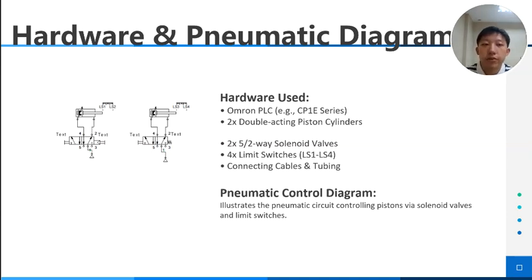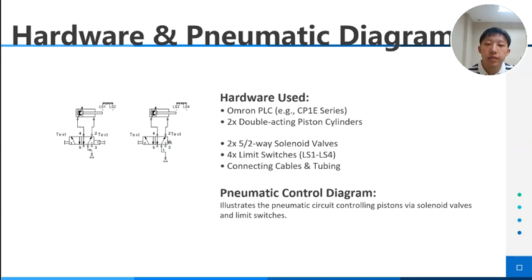The hardware used includes an Omron PLC, two double-acting piston cylinders, two 5/2 solenoid valves to control airflow, 4 limit switches to detect piston positions, and the necessary cables and tubing.